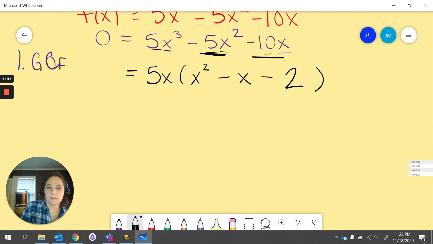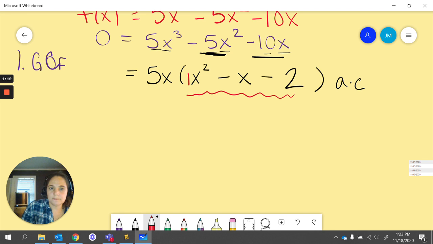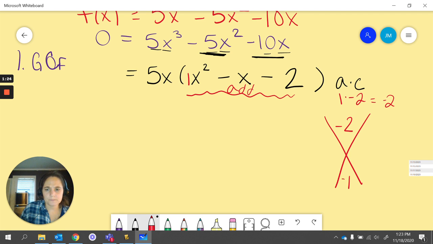Okay, here we need to do our a times c. So we're factoring this guy in the red now, and a is 1. So 1 times negative 2 equals negative 2. So we need the two factors that multiply to negative 2 that add to the middle of negative 1.